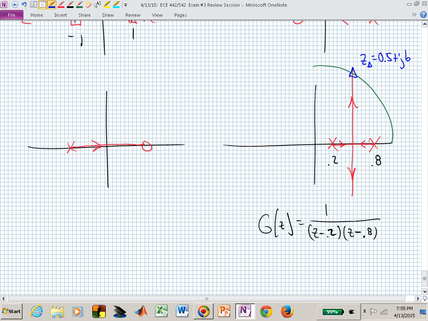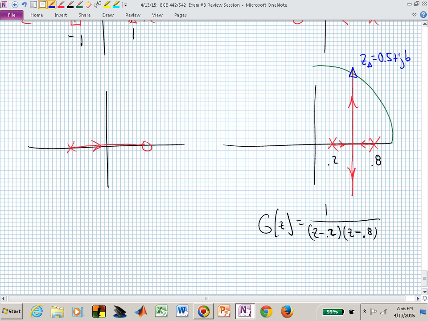But we know that the real part squared plus the imaginary part squared, square rooted, is equal to 1 because it's on the unit circle. The only unknown in that is B. You can solve for B. Is that clear?